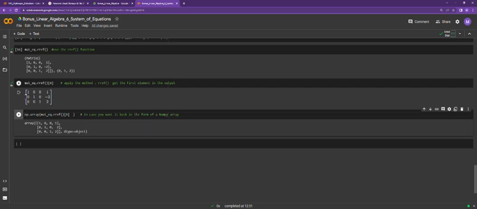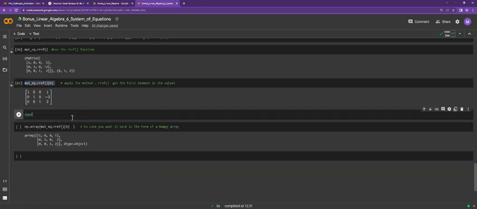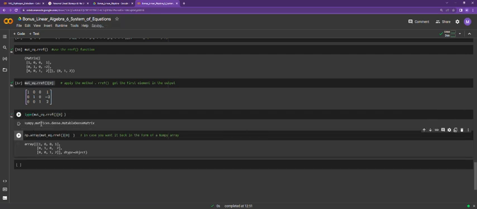Once you have it out, if I check its type, it's a SymPy matrix, a dense matrix, whatever. It's a SymPy formatted output.